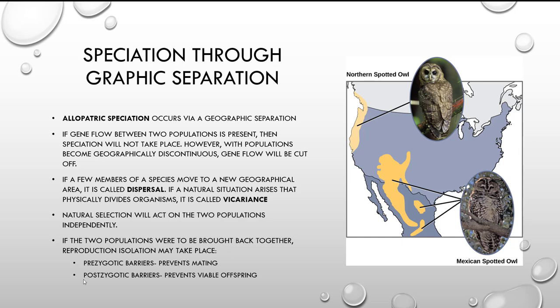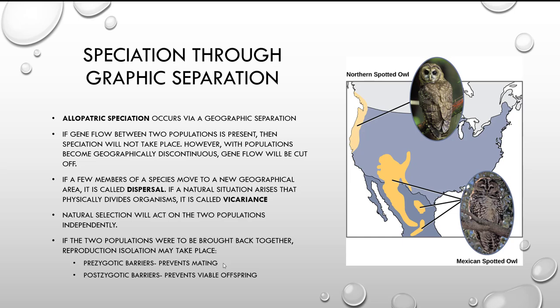So, like the video alluded to, when we have this reproductive isolation take place, during this time, the changes that are occurring in the organisms have created what are called either pre-zygotic barriers or post-zygotic barriers. So pre-zygotic barriers are what prevent mating from taking place between the two, well now we're talking about two different species.